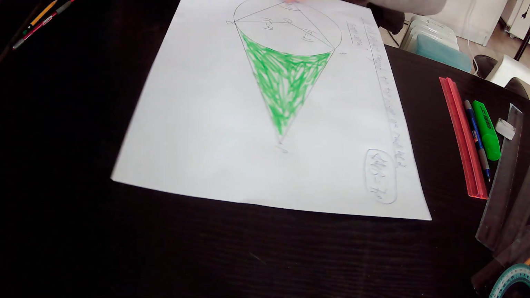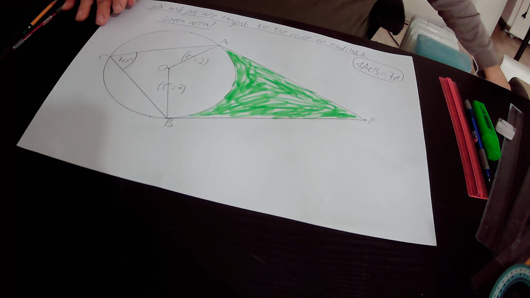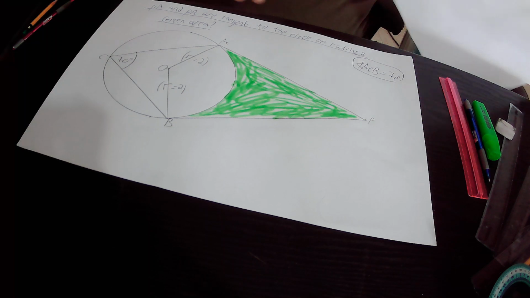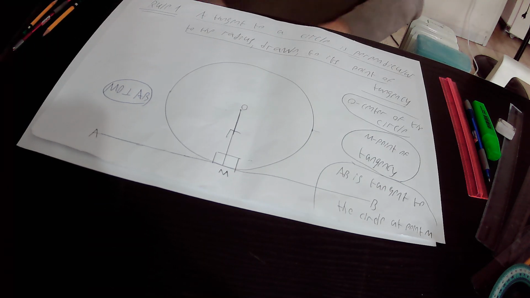Here we will implement rule 1. I repeat quickly on rule 1. According to rule 1, a tangent to a circle is perpendicular to the radius drawn to its point of tangency.